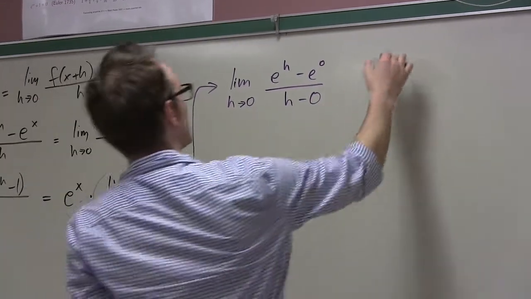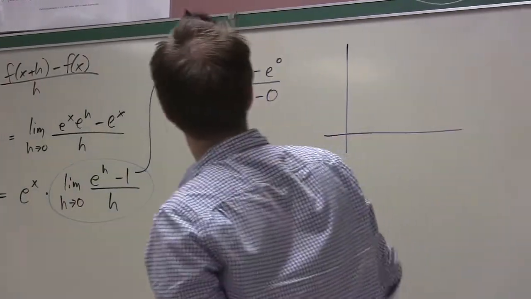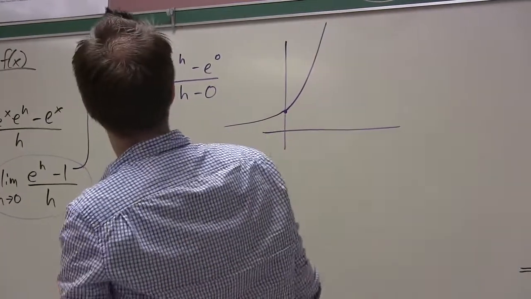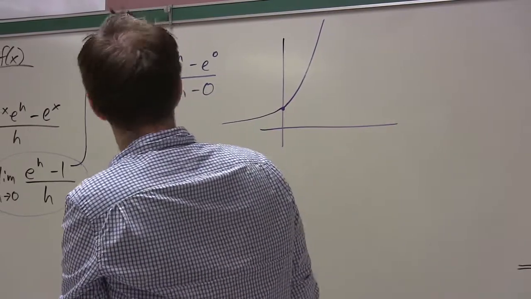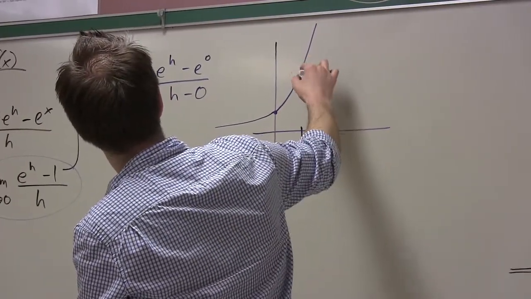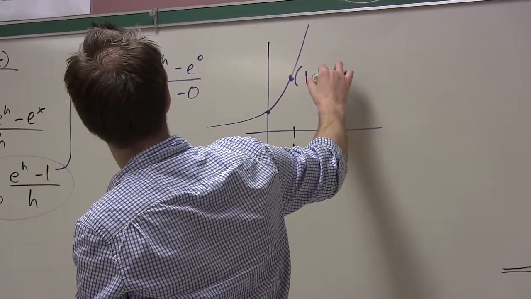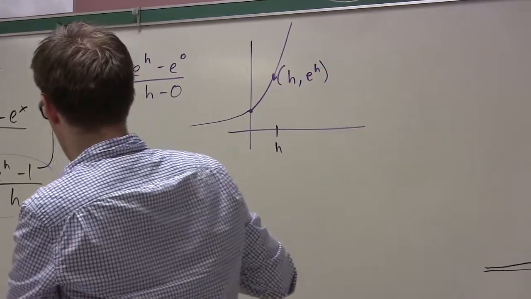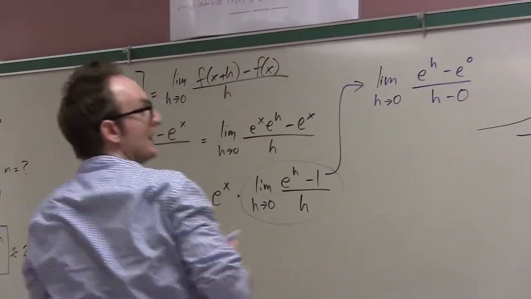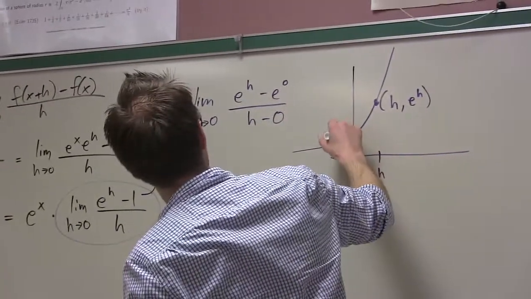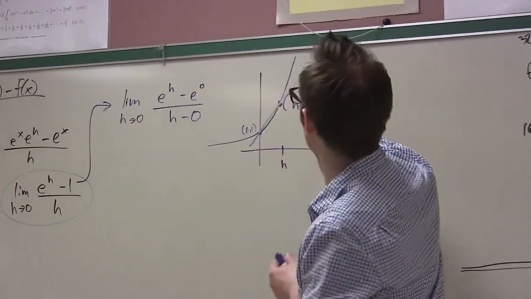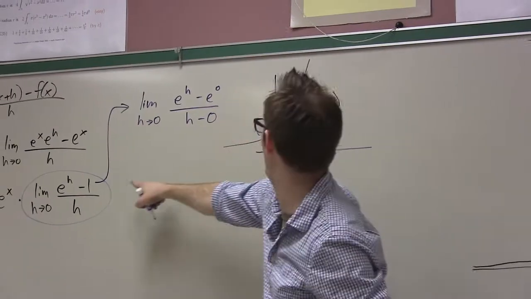And maybe the picture will be better. So here, if this is the e to the x function, and this is 0, then I'm going over a little bit, I'm calling that h, and that point is h comma e to the h, and that point is of course 0 comma 1, so the secant line through those two would be e to the h minus 1 over h minus 0.